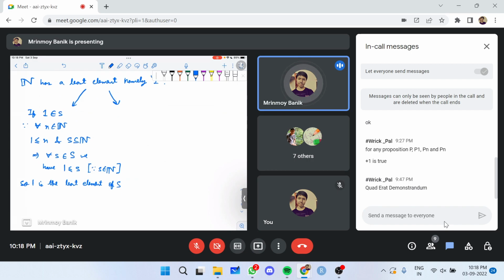So 1 is the least element. So S has a least element. And then we are done.